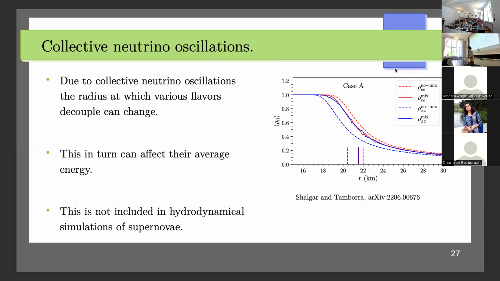This field gained popularity around 2005 or 2006, when the calculation was done in a simplified model called the neutrino bulb model, where very simplifying assumptions were made: the supernova was assumed to be perfectly spherically symmetric, and the decoupling of all the neutrinos was assumed to happen at the same radius, instantaneously. Because of that, the neutrino oscillations were happening at quite late times and at quite large radius.